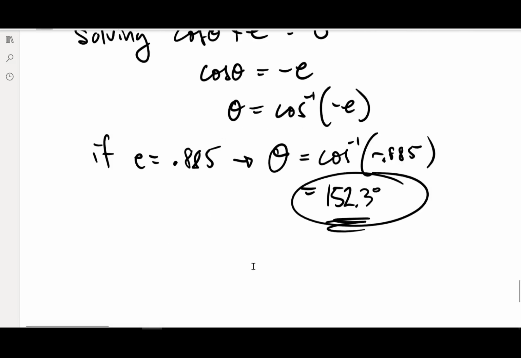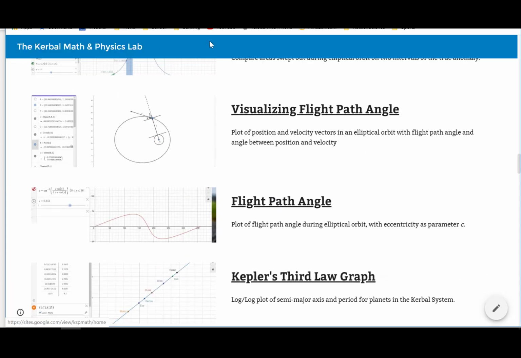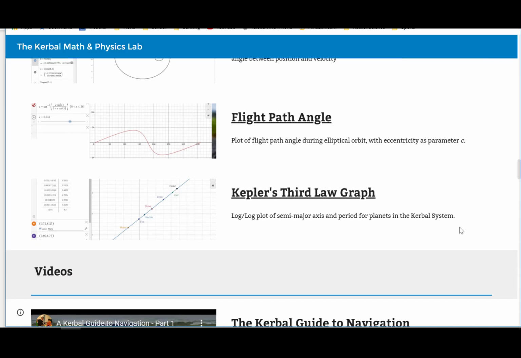That's an angle of 152.3 degrees, which is exactly the same point where we had that slope of the tangent equal to 0. When the tangent was horizontal on the xy plane, that's exactly the same point where we have the maximum pitch.